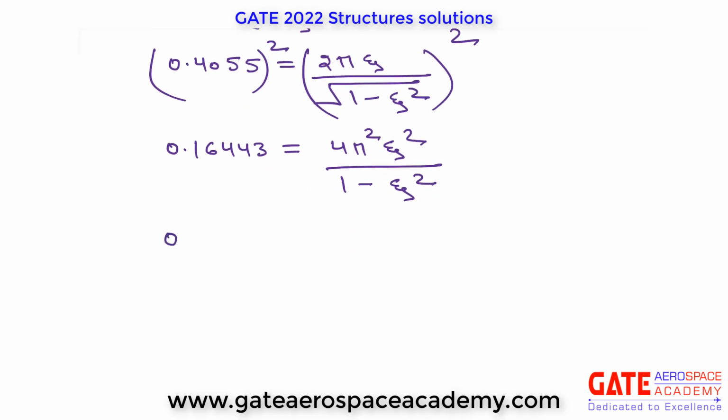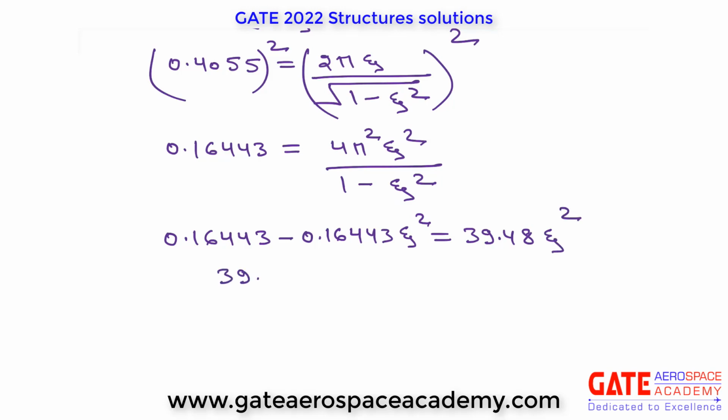We can write 0.16443 minus 0.16443 zeta square is equal to 4 pi square, that is 39.48 zeta square.